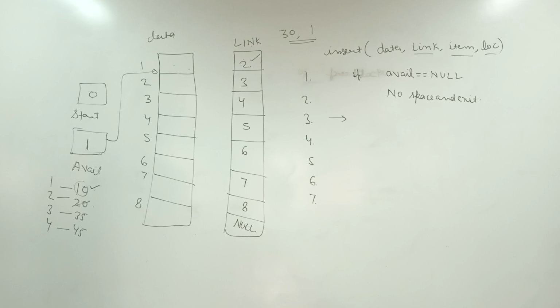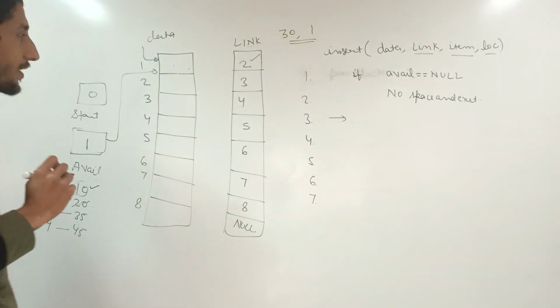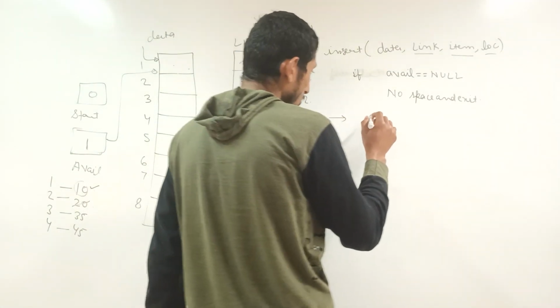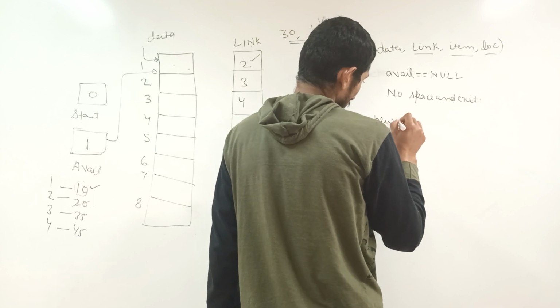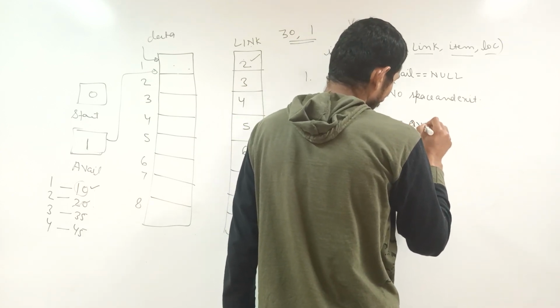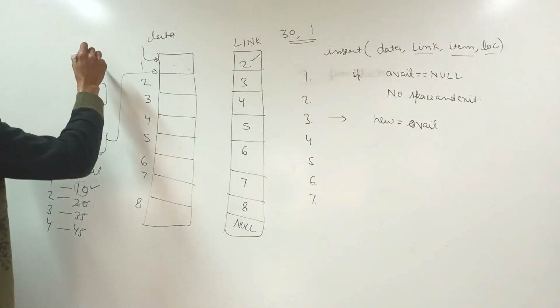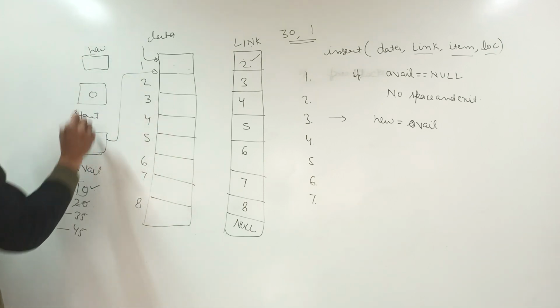So what you have to do is take a pointer and control block number 1. Let's say I have taken a pointer new, and we have copied the value of avail. New is a temporary variable, and I have copied the value of avail, 1.